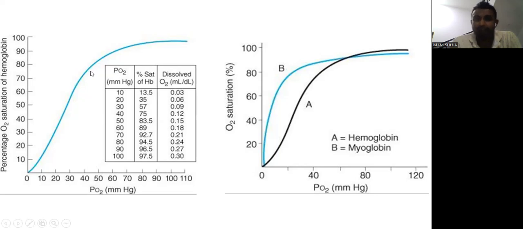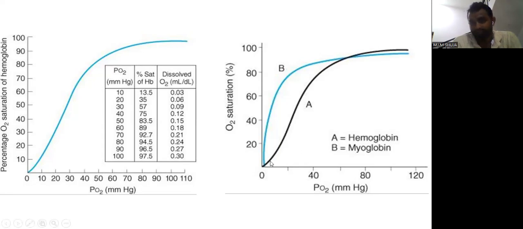Then we will see 50%. So 50% saturation, here they give 57, 50 is around 27. So 27, 50, you put another dot. Then you connect all 3 dots. You will get a sigmoid shaped curve.